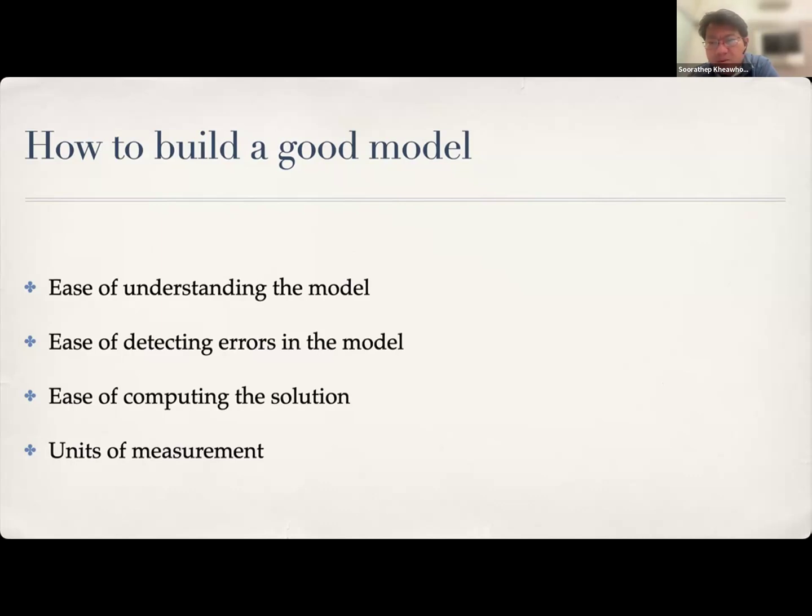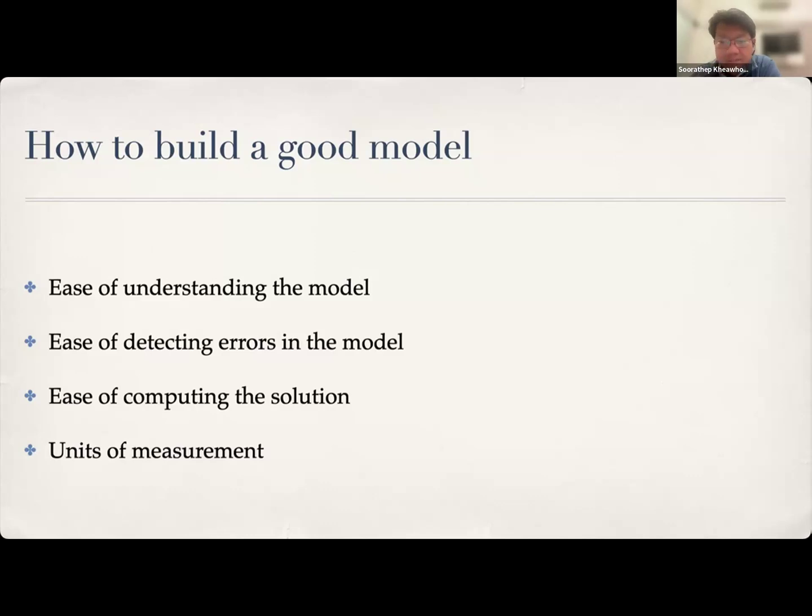You send your model to someone, you don't have to explain much because you write the model in a way that it's very easy to understand. The second item is ease of detecting error in the model. You should write your model in a way that it's easy to detect if any error happens.